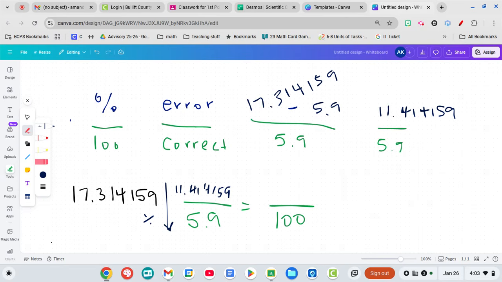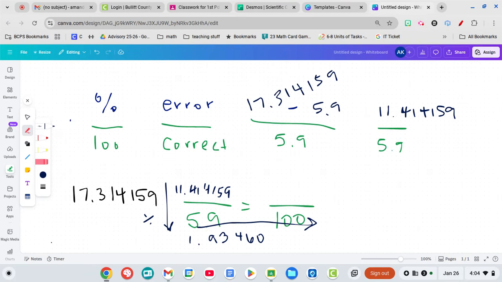So we're going to divide all of that by 5.9, and that's going to get me 1.93460, and there's a couple numbers after that, but this is all I really need. Okay, so now I know I can take that bottom number times 1.93 and get to the top number. So what am I going to do? I'm going to keep on trucking.